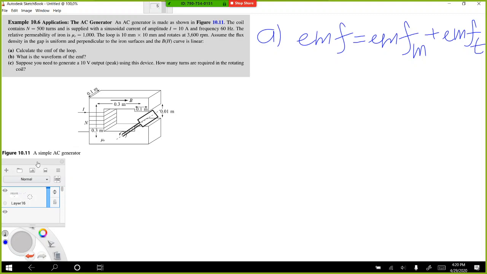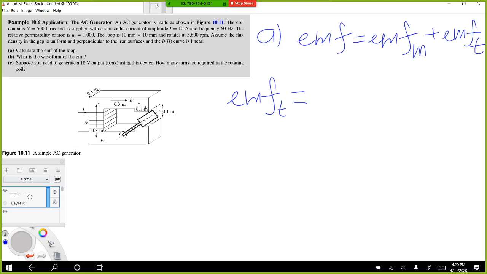So the electromotive force due to the transformer action is also called the electromotive force due to the change of flux.